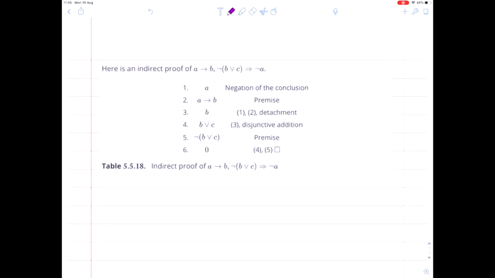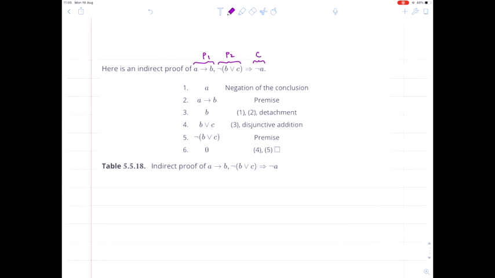So let's have a look at what an indirect proof looks like just written in logical terms. Here's what we want to prove. We want to prove that if you have the premise that says A implies B, and the premise that says not B or C, then your conclusion is that not A is true.